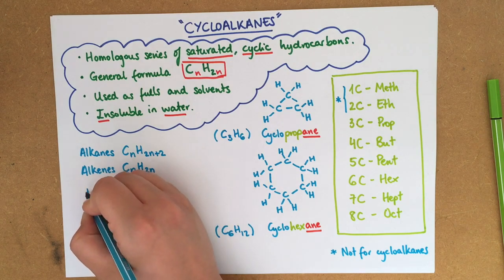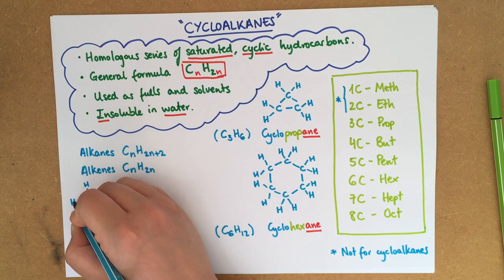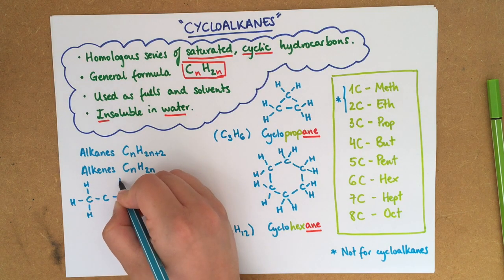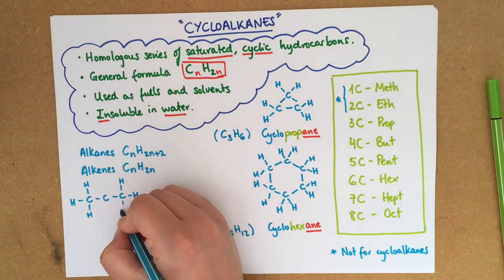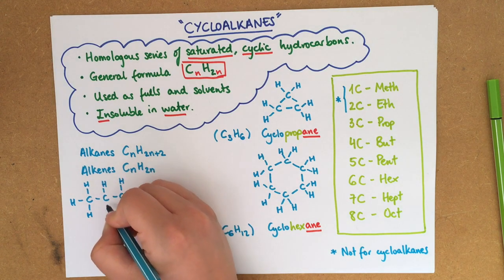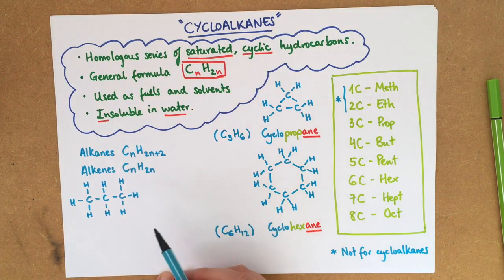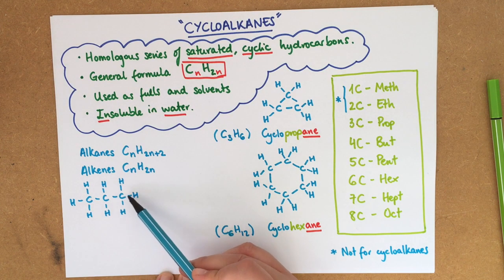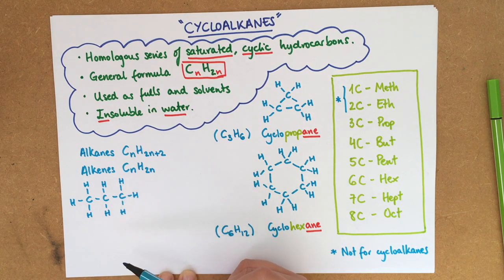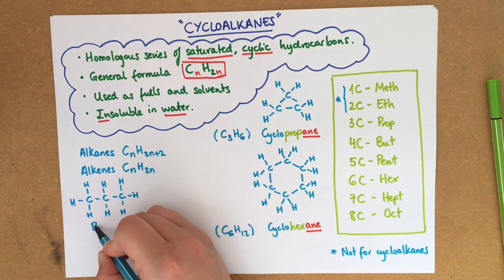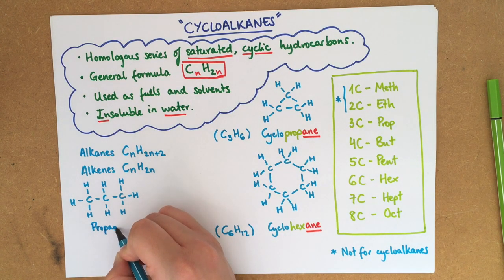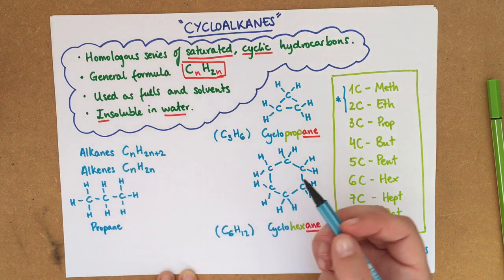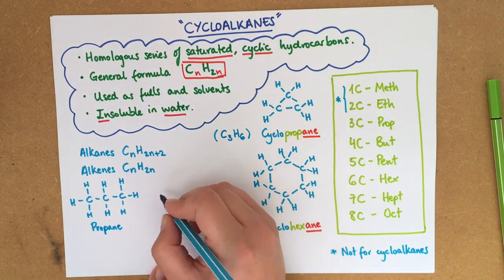So we have C, H, H, H, C, C, H, H, H, H, H. So we have all of the carbons linked to other 4 things. And now let's draw the alkene analog, which would be propene.